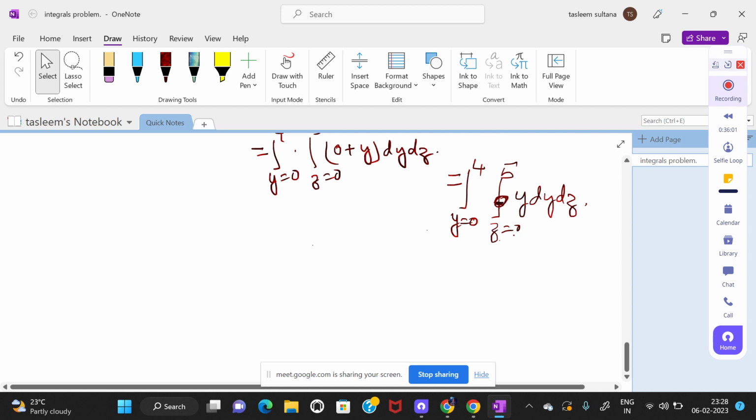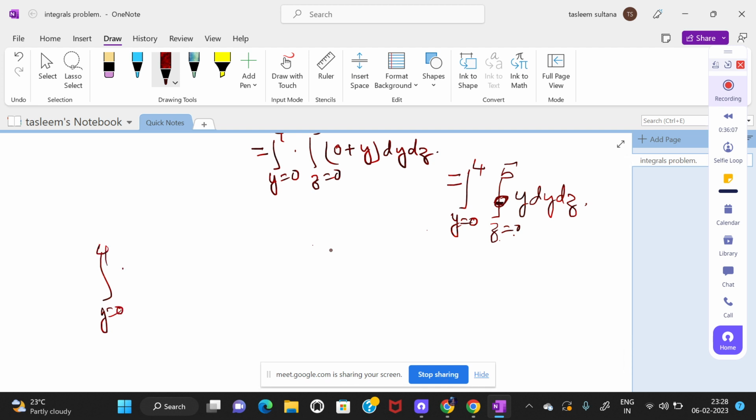Yes, ma'am. So you are integrating y from 0 to 4. y will be treated as a constant. Then z limits are from 0 to 5, into dy.